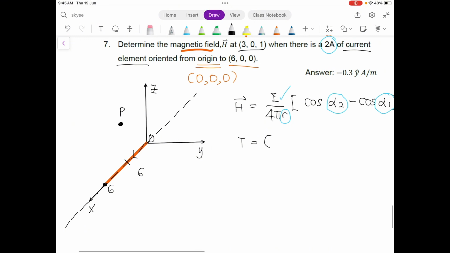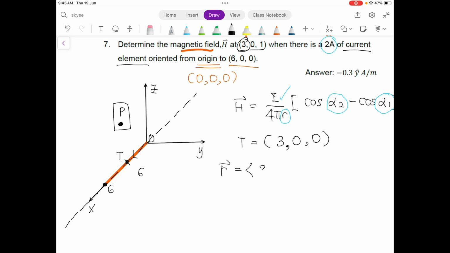When the point is located at this axis, the y value will be equal to 0 and the z value is also equal to 0. For the x value, we can follow the x value of the observation point, which is equal to 3. So we will take the value 3 here. So we get the coordinate of our point T, which is here. Let's find this as usual.